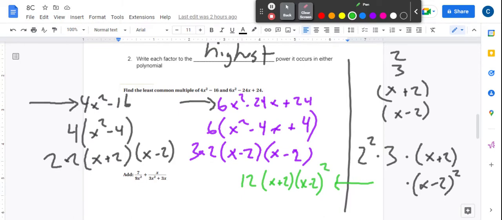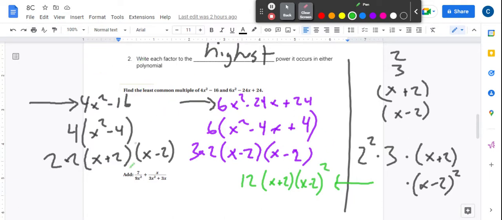And we can leave it written just like that, because that keeps it a little bit simpler in terms of how we can multiply to do all that. That's how you find the least common multiple.